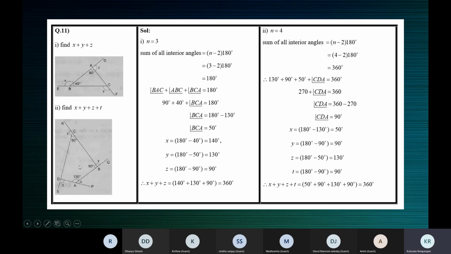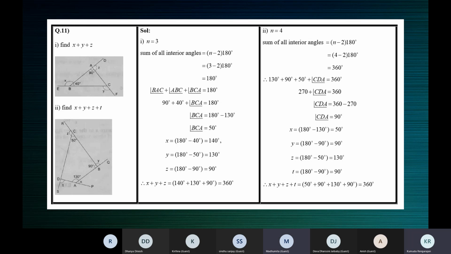Similarly, in the quadrilateral, using the interior angle 130 degrees, you can find which exterior angle?